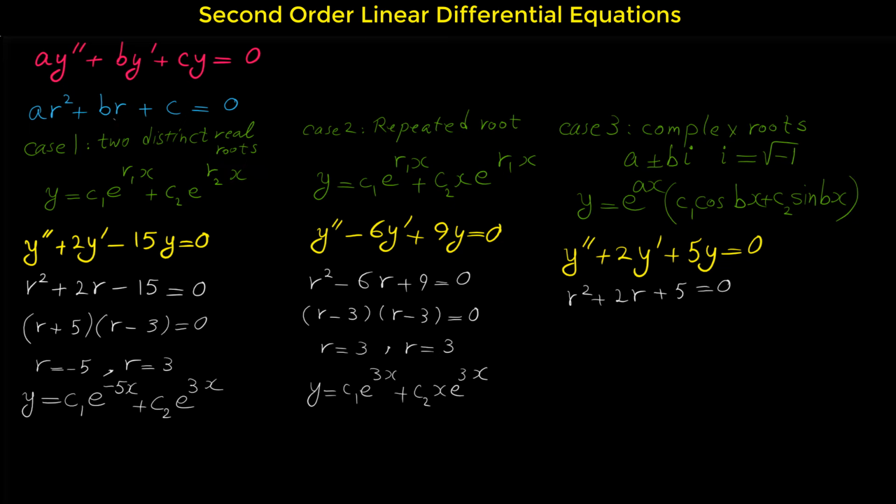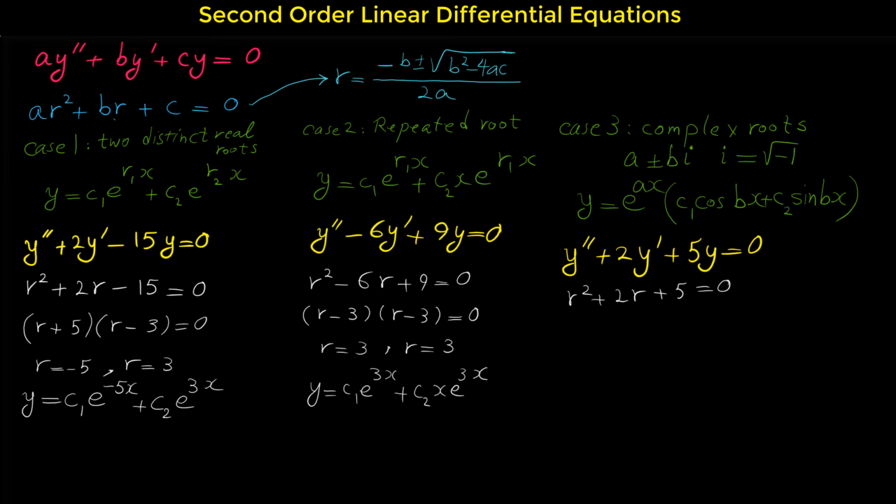If we have a quadratic equation in general, for finding r, we can use this famous quadratic formula: r equals negative b plus or minus the square root of b squared minus 4ac, over 2a. We can use this formula for solving this equation.